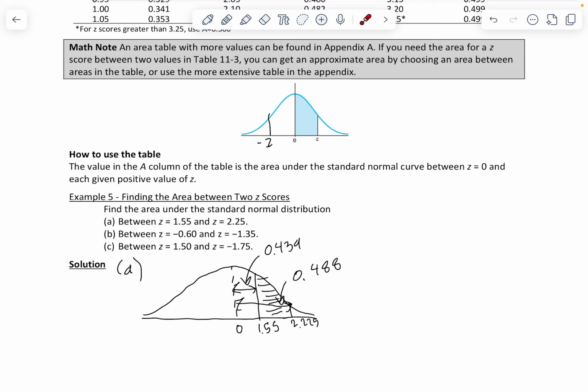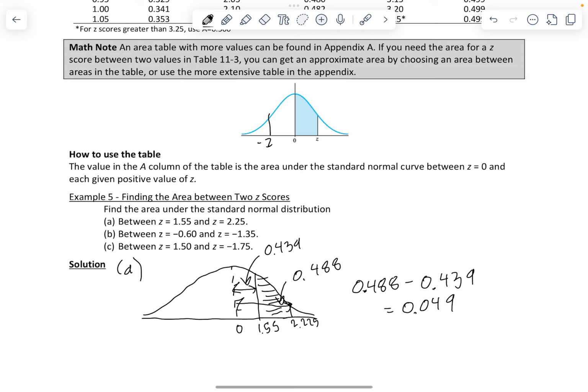To find the shaded area, we can take the larger of these two areas, the 0.488 value, and then if I remove the smaller area, what I'm left with is the shaded area. So I can subtract the smaller area, which is 0.439, and I'm left with 0.049.